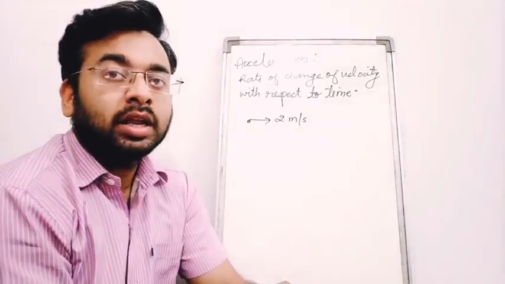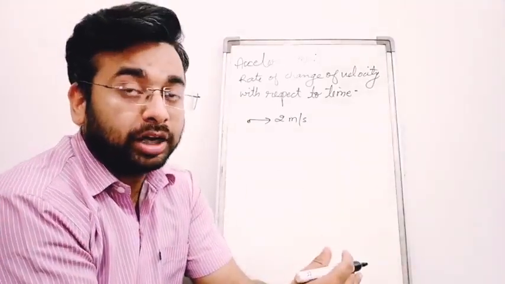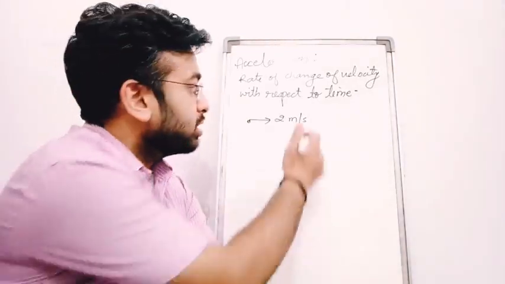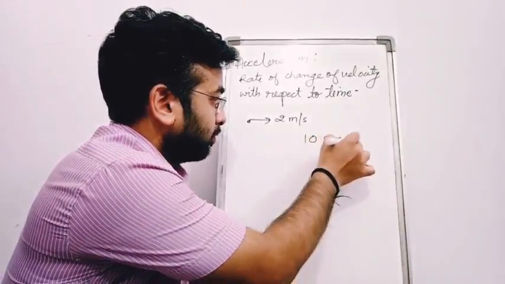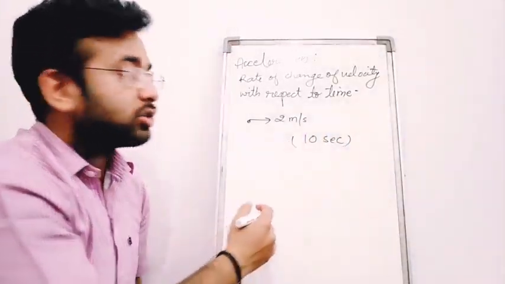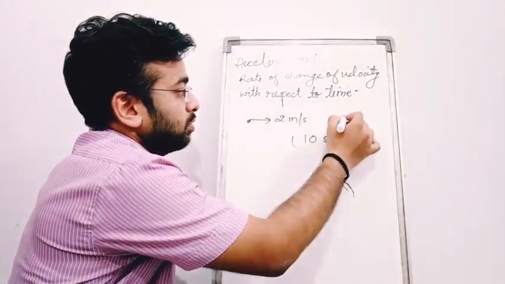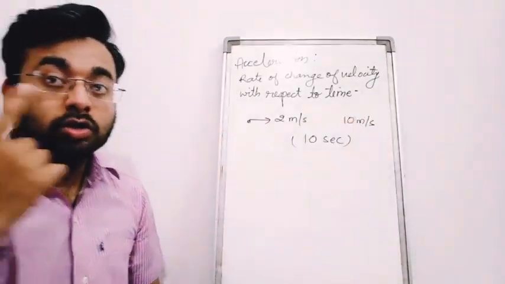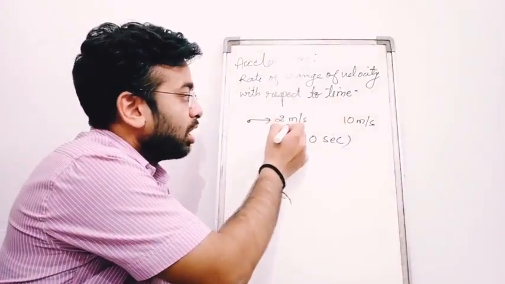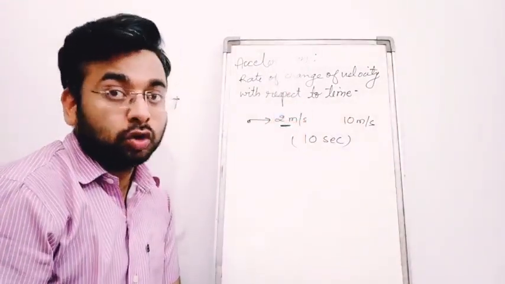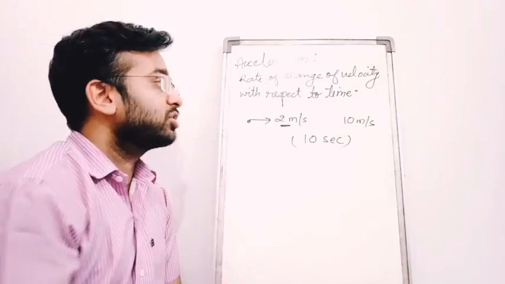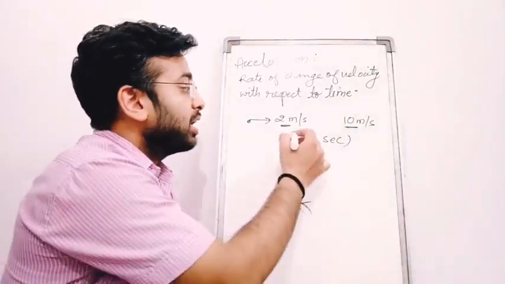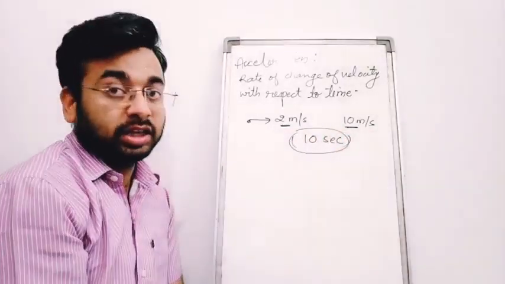Now after a time period of 10 seconds, the car has changed its velocity to 10 meters per second. So previously the car was traveling with 2 meters per second, now it is traveling with 10 meters per second, and to change the speed the car has taken 10 seconds.